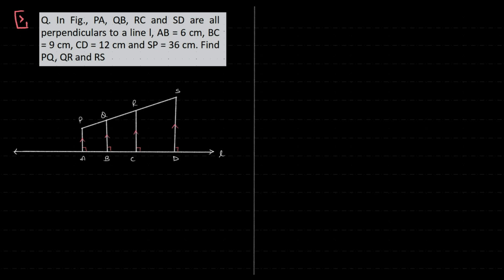We have AB. Let me change the color. This is 6 centimeter. Okay, let me start from here. 6 centimeter. This is 9 centimeter. This is 12 centimeter. The entire length is, okay, from here till here.